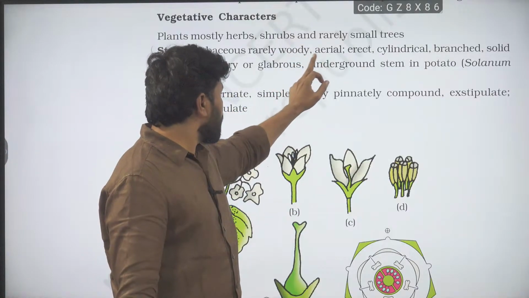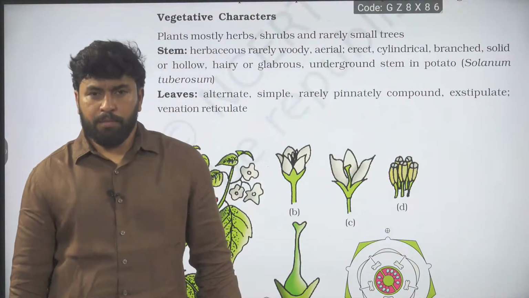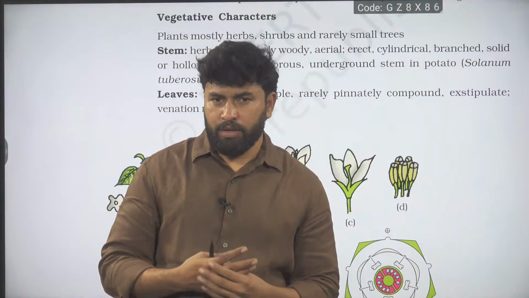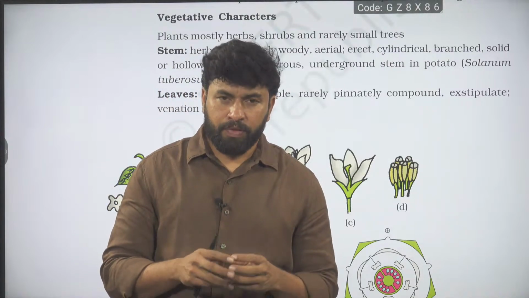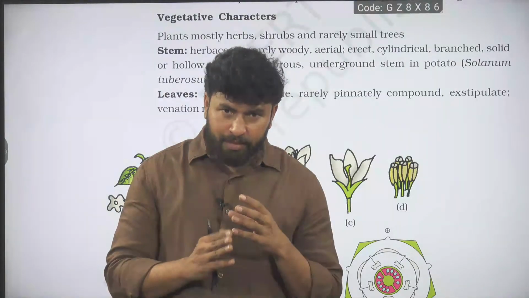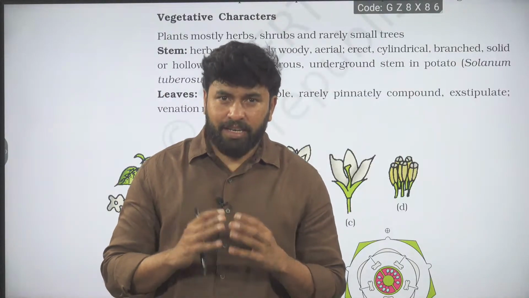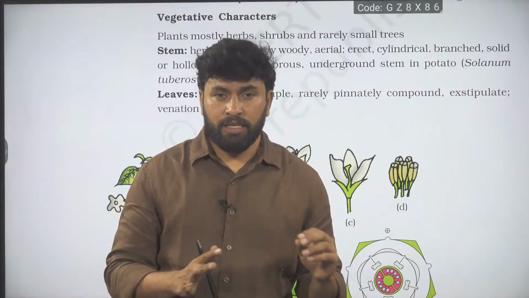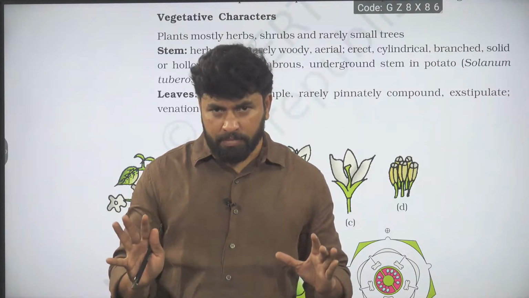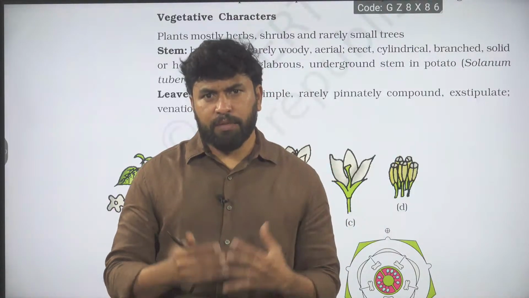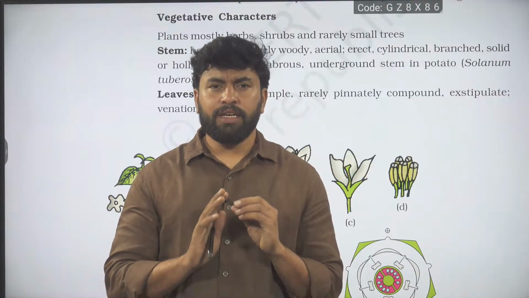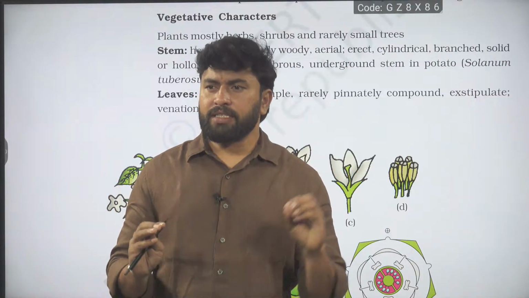Next one, aerial. Remember, stems may be aerial or underground. We have seen ginger, turmeric, banana, they all have underground stems. Their stem is never exposed to the sun. Only the leaves come out and are exposed to the sun to perform photosynthesis, but their stem typically stays under the ground.